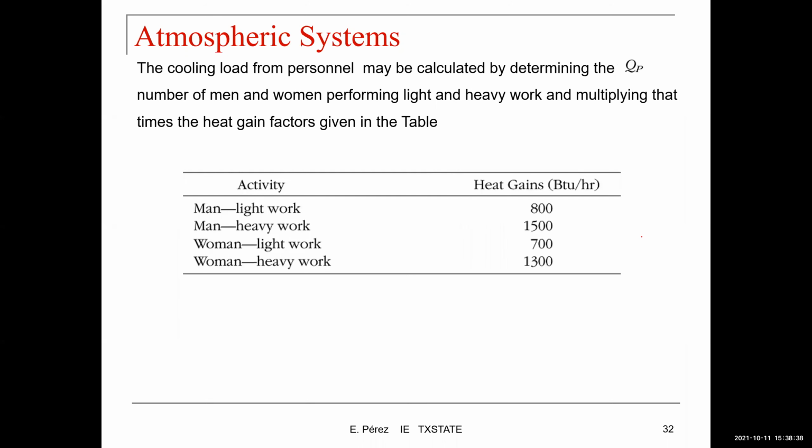And the cooling load from personnel may be calculated using QP. And that's going to be determined according to the number of people that you have inside the facility and according to the type of work that is performed by these people.